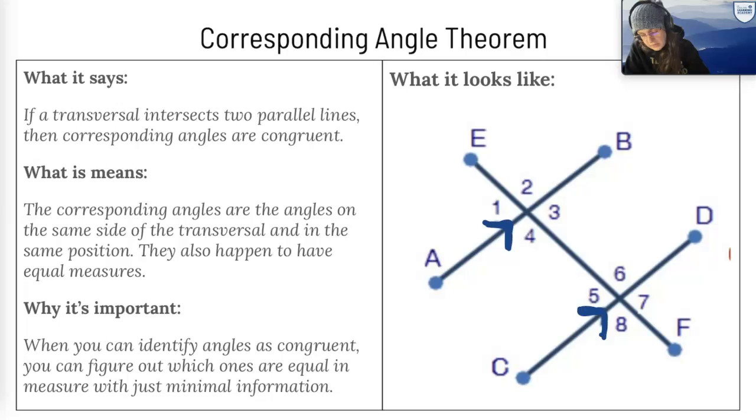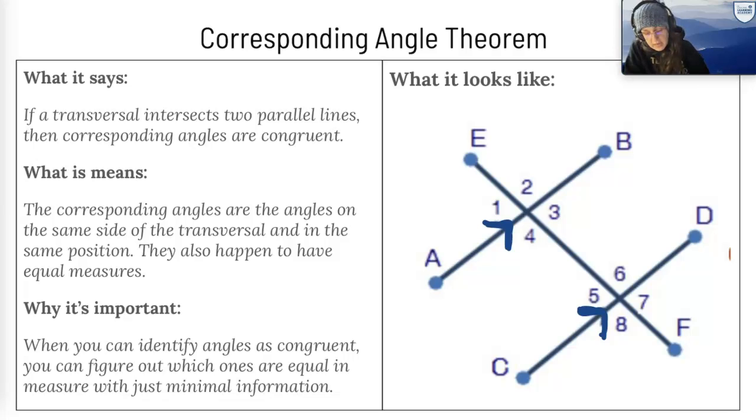And then you have a transversal. For each type of angle, what it says, what it means, and why it's important is all information that came directly from your text. I'm just giving you a visual image of where the angles are.